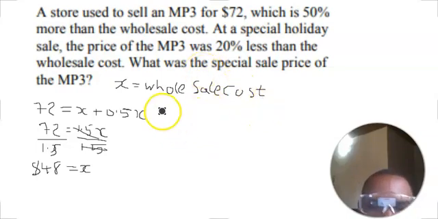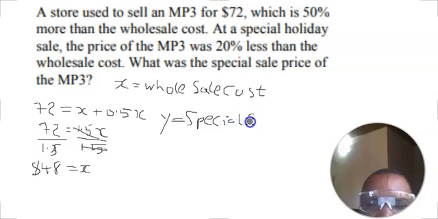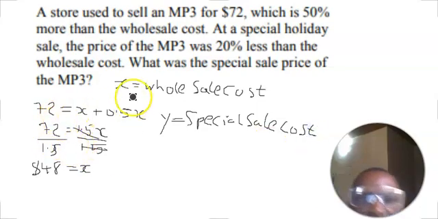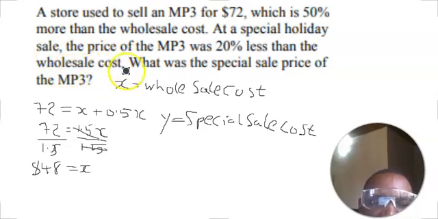If I call that special cost y, so let y be our special sales cost. We are told that the special sales cost is 20% less than the wholesale cost.